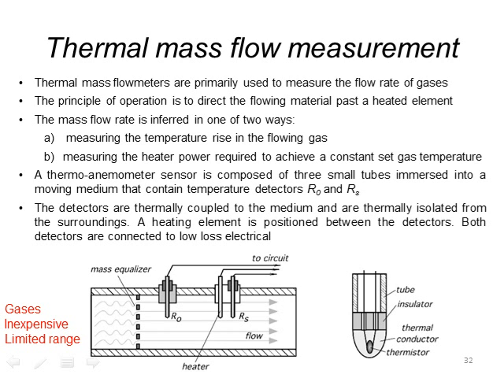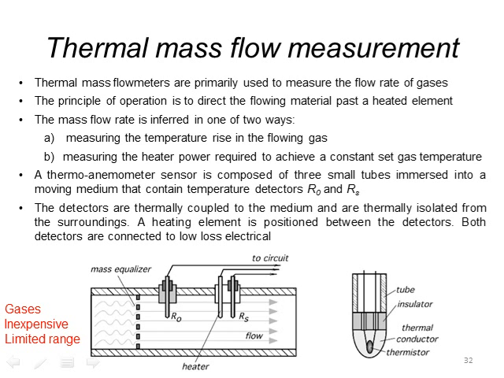We have a heater. As the gas passes a heater, it heats up. And then we measure the temperature of the gas downstream at a certain distance. So if you have a certain flow rate, then you can estimate how much it would heat based on the properties of the gas. Or the second way is by measuring the heater power required to achieve a constant set temperature of the flowing material.